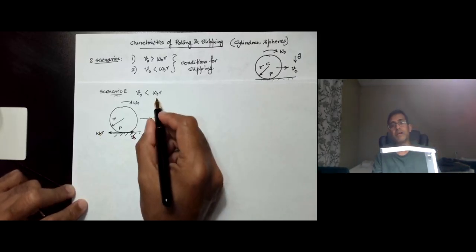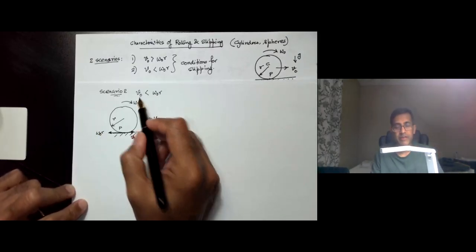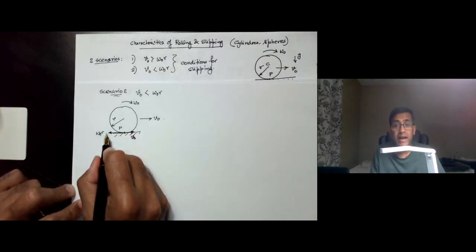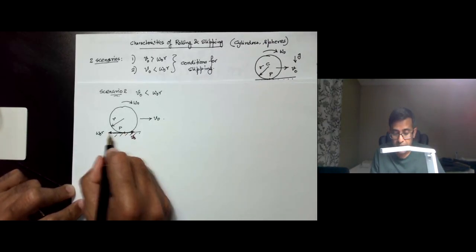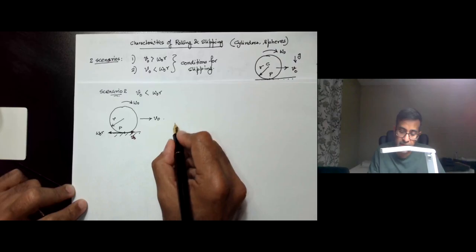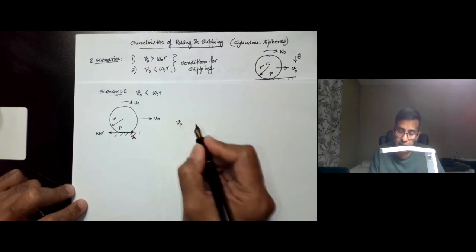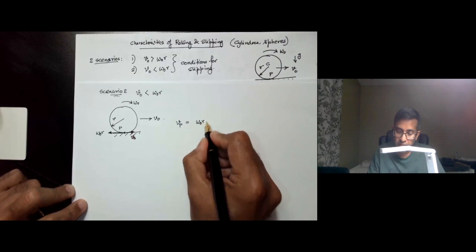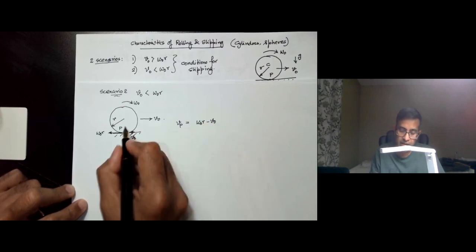Now we have assumed that omega naught times R is greater than V0. So that's why I have drawn this vector to be larger than this vector. So as a result, as you can see here, the velocity of the point P is equal to omega naught R minus V0, and it is in the negative.